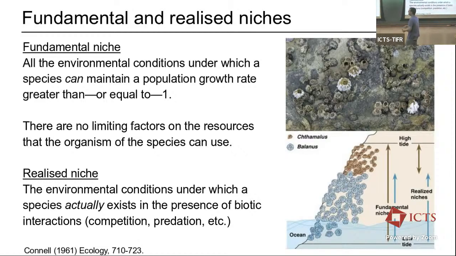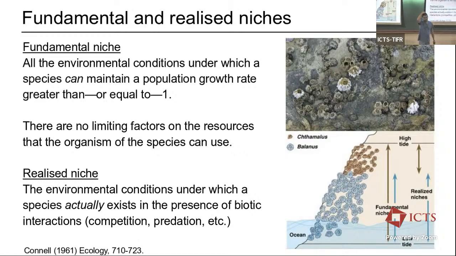So the fundamental niche of Thamellus is larger than its realized niche, right? If you're measuring the niche along one axis, which is depth, then the fundamental niche of Thamellus is far larger than the realized niche of Thamellus.